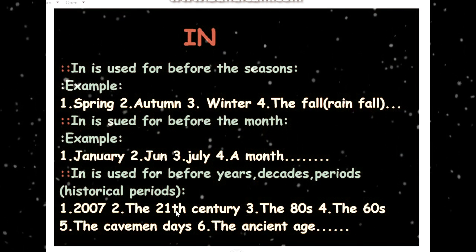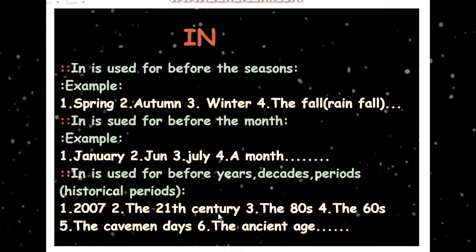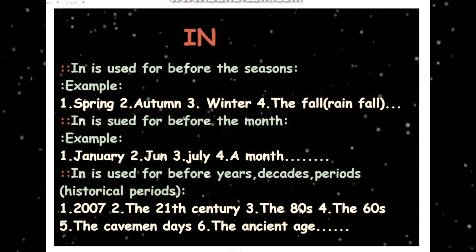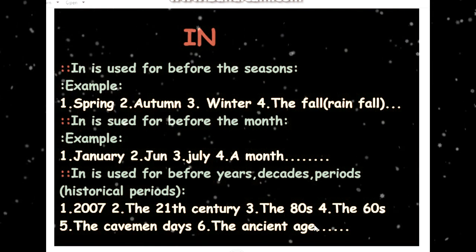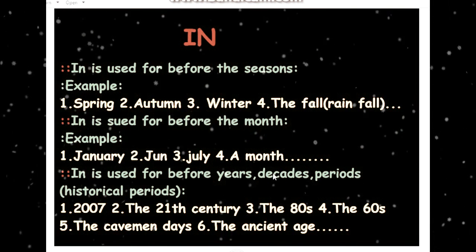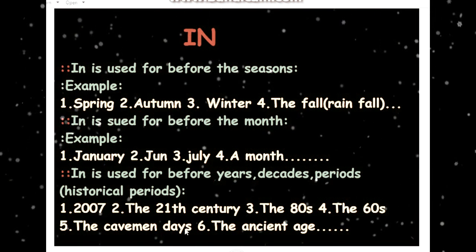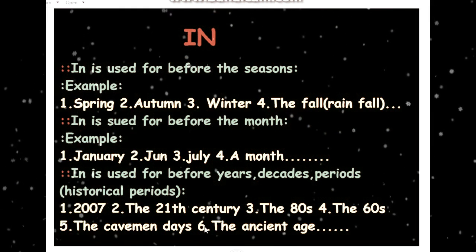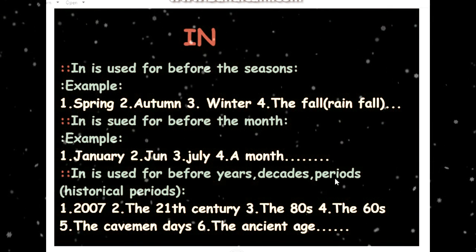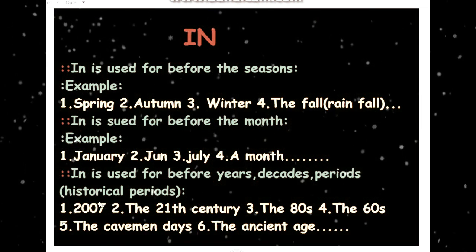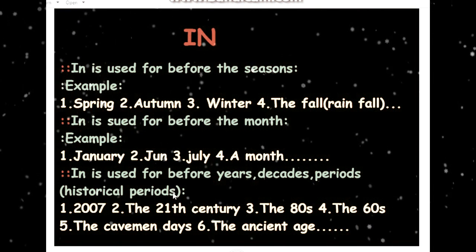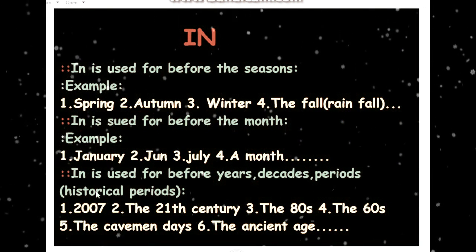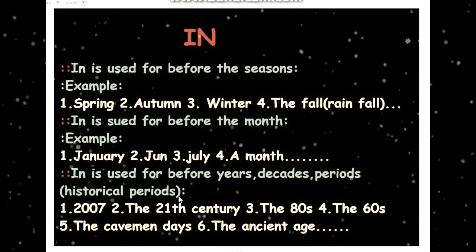In the 21st century, it is also a year. In the 80s, it is a decade. In the 60s, it is a decade. In the caveman days, it is a historical period. In the ancient age, it is also a historical period. So in is used before years, decades, periods, historical periods.